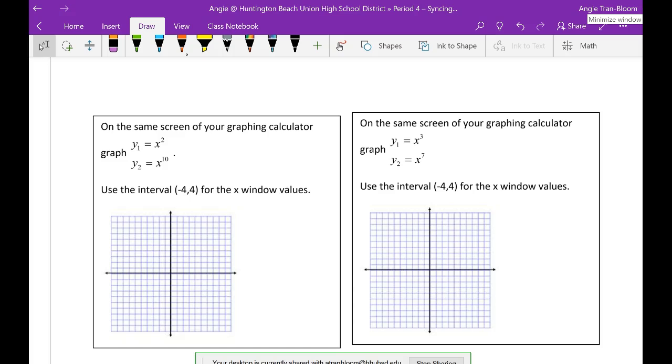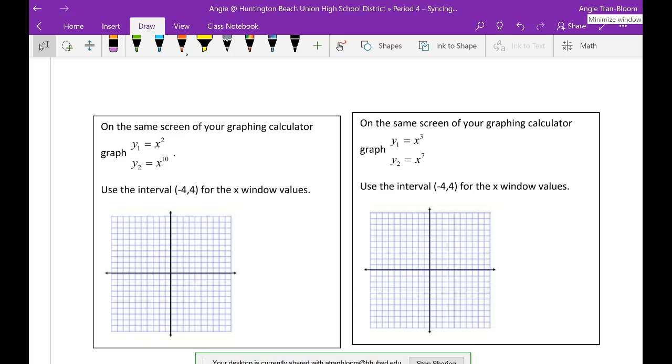You should have two graphs, right? Two curves on there. I don't think you should just leave it from negative 10 to 10.